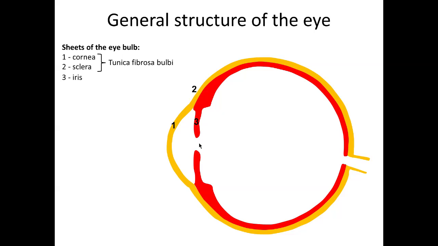So the main role of the iris is to protect against light entering the eyeball, except through the pupil. Light waves can enter the eyeball only through the pupil.